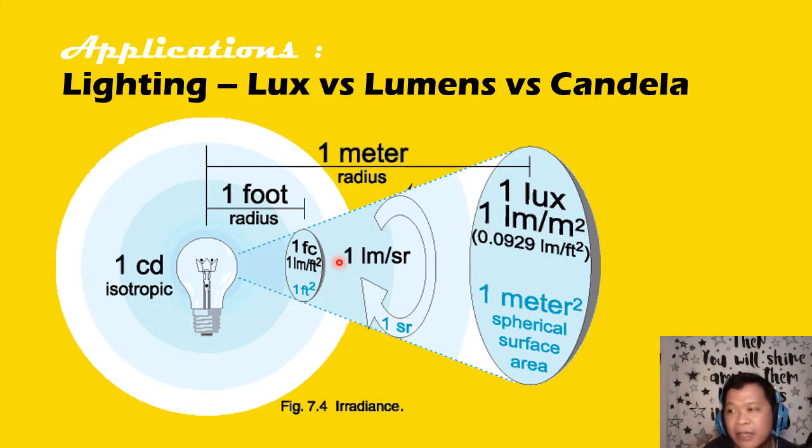And then if that 1 lumen per steradian is projected from a distance of 1 meter, tapos 1 square meter din yung projection area mo, then that is equivalent to 1 lux or 1 lumen per square meter. Okay? So I hope that gives you an idea about their differences.